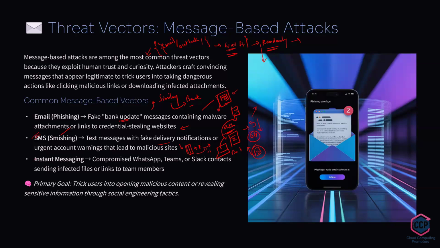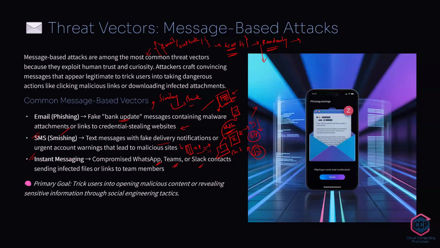Okay. And there's instant messaging, where we use WhatsApp, Teams or Slack, where we communicate with each other. Similarly, they may send some malware files or links or websites or some deals which may attract you towards them. So by mistake or intentionally, you may click on them to grab all those things, which will affect you.